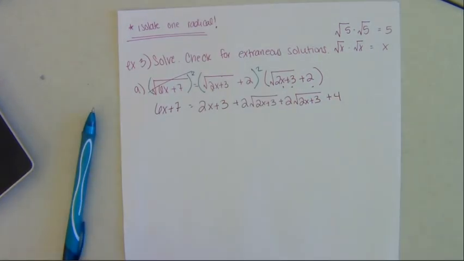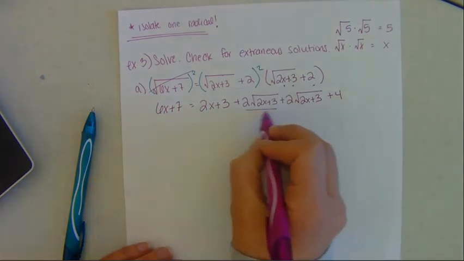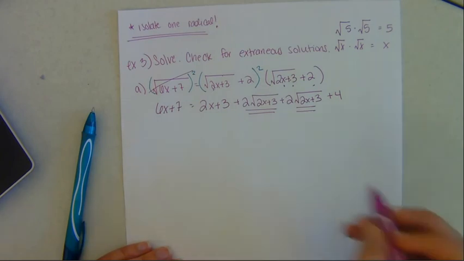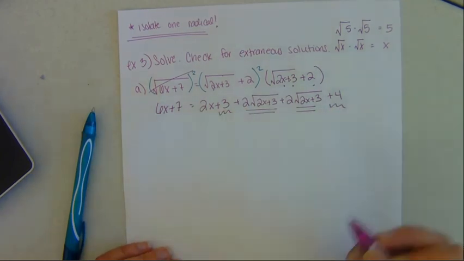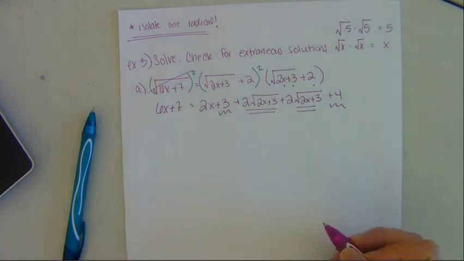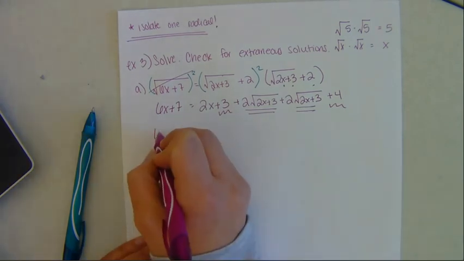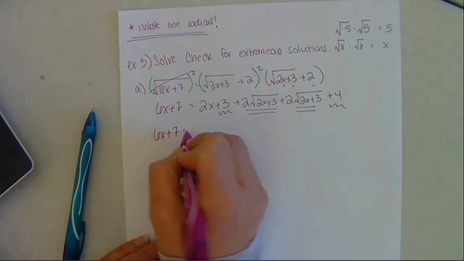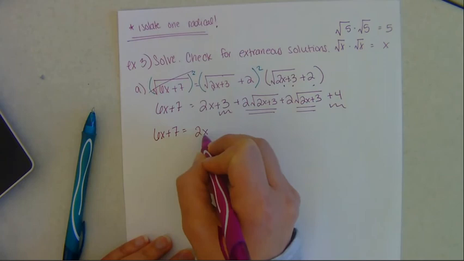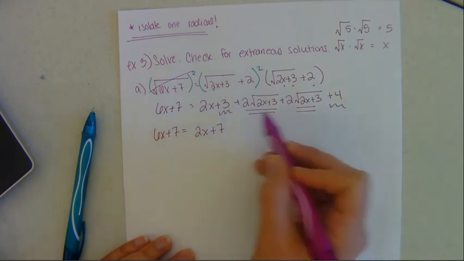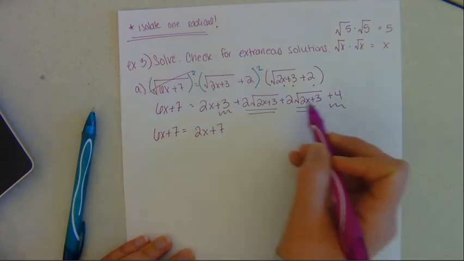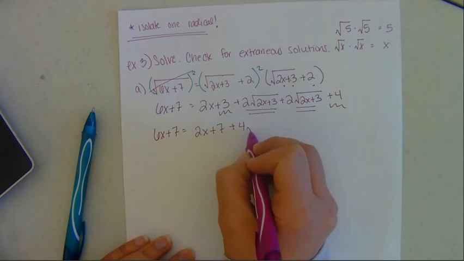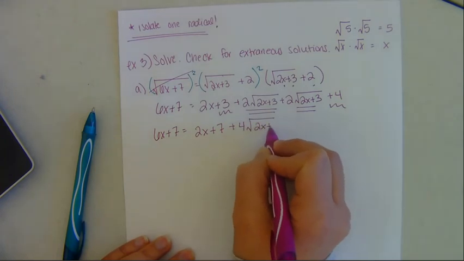So now I can start cleaning up my like terms. These are like terms, and then I also have this 3 and that 4 that are like terms. So I still have this 6x plus 7, and now I have a 2x plus 7 because I did my 3 and my 4. And then over here, I have 4 radical 2x plus 3.